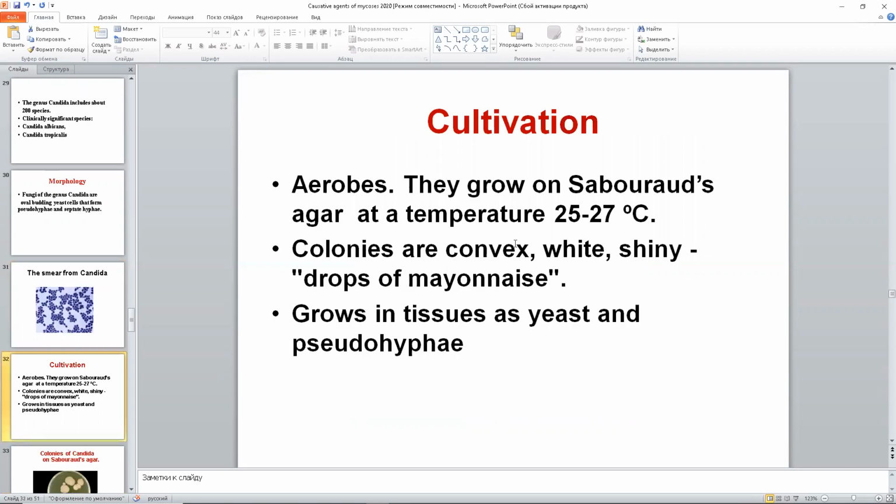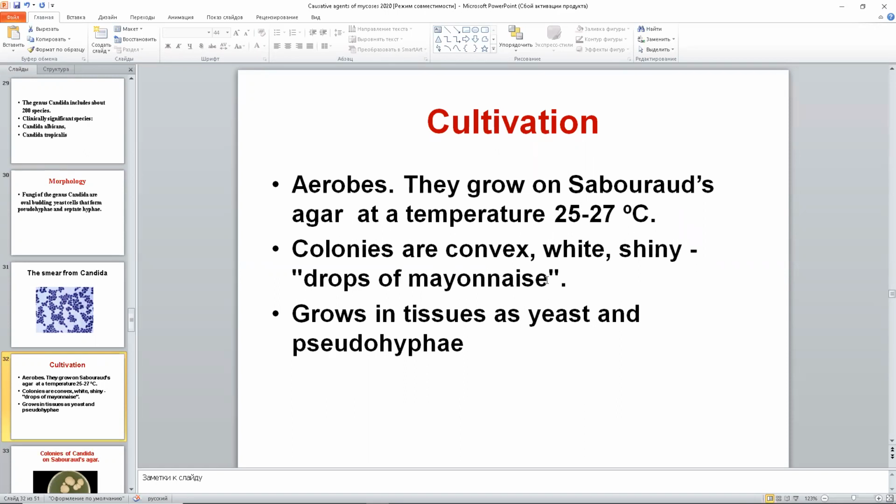Cultivation. Candida are aerobes. They grow on Sabouraud agar at a temperature of 27 degrees Celsius, room temperature. Colonies are convex, white, shiny, looking like drops of mayonnaise.